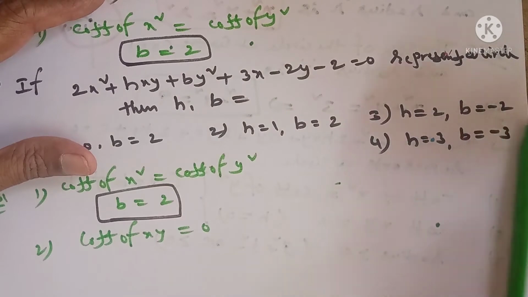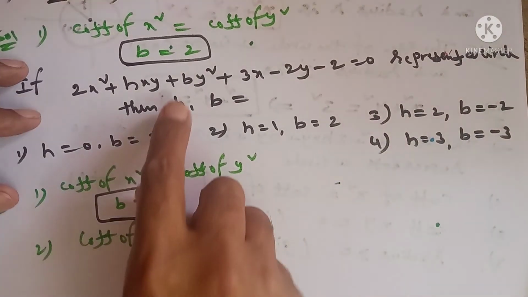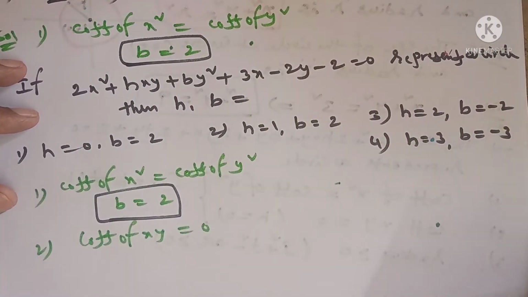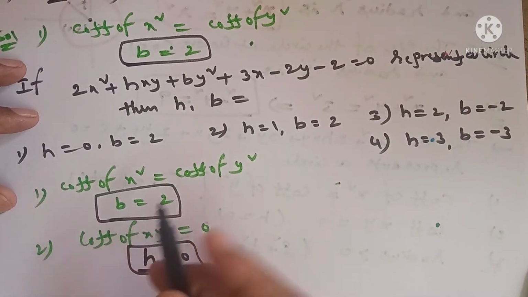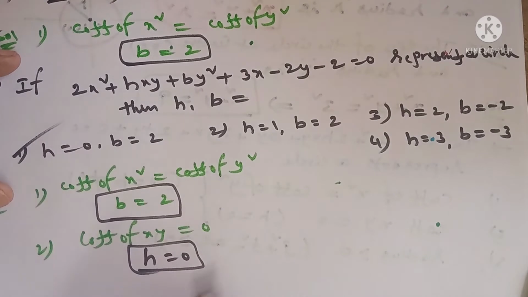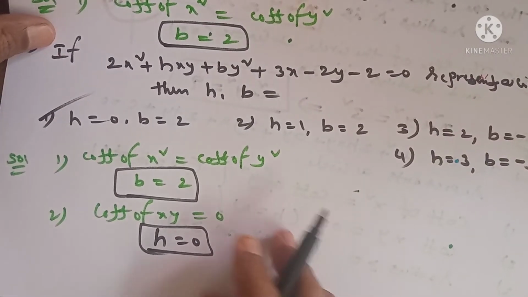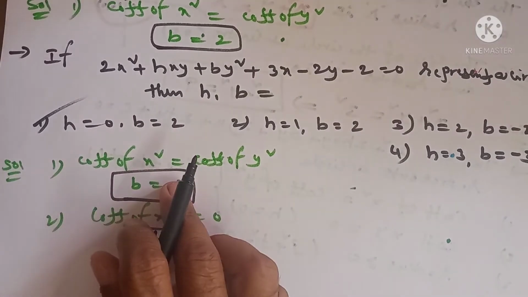Xy coefficient means here h is equal to 0. So h 0, b 2. This is the final answer. H is equal to 0, b is equal to 2.